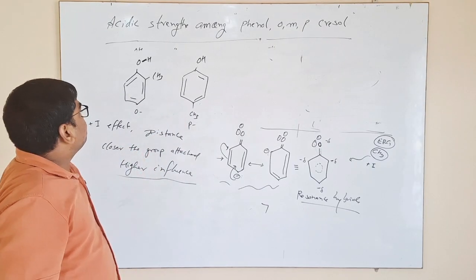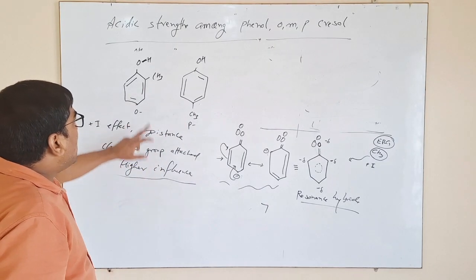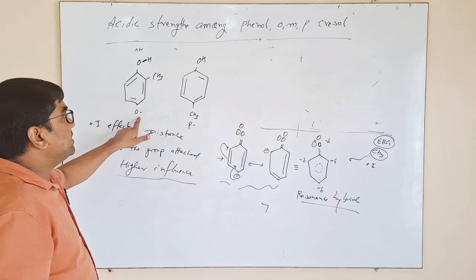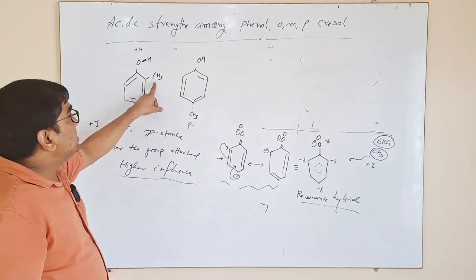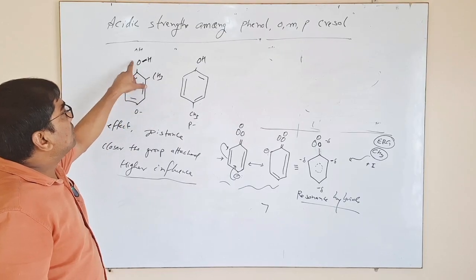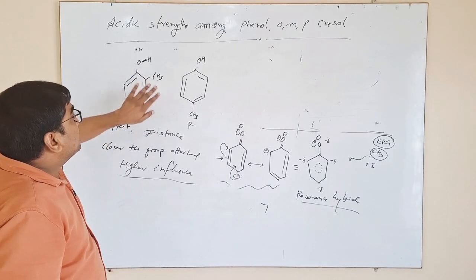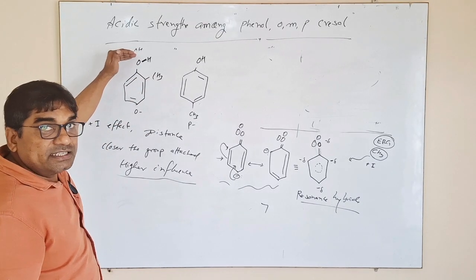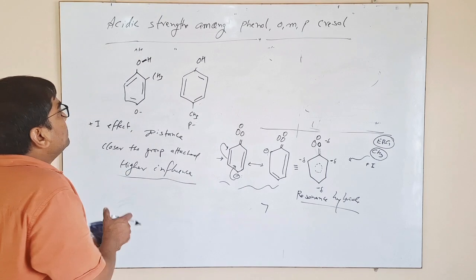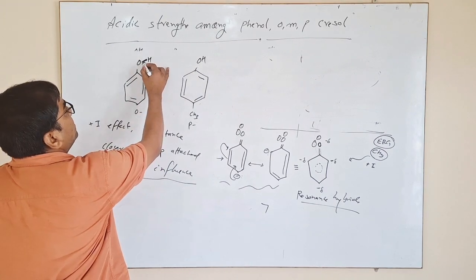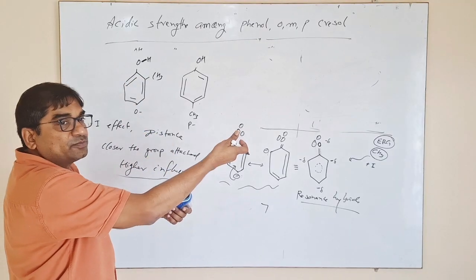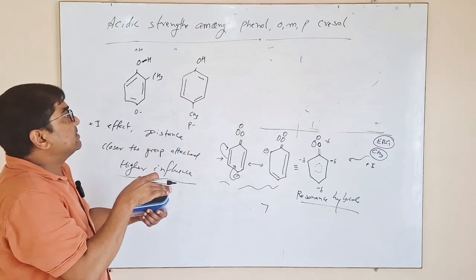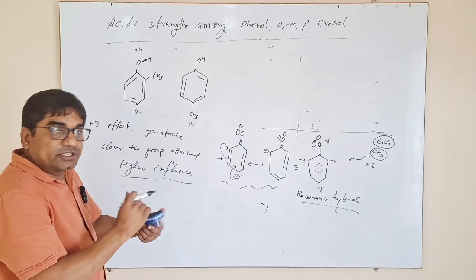I repeat, due to higher plus I effect in orthocresol, because the methyl group is attached very close to the oxygen, it increases electron density at oxygen, due to which the OH bond becomes stronger. The tendency to release H plus decreases, which results in decreased acidic strength.